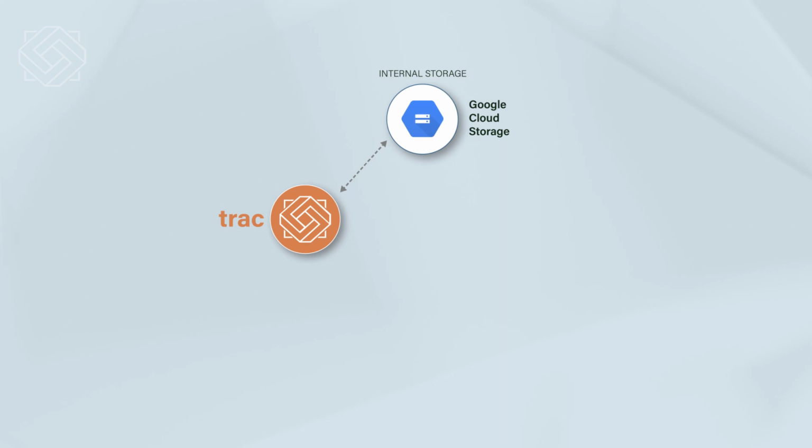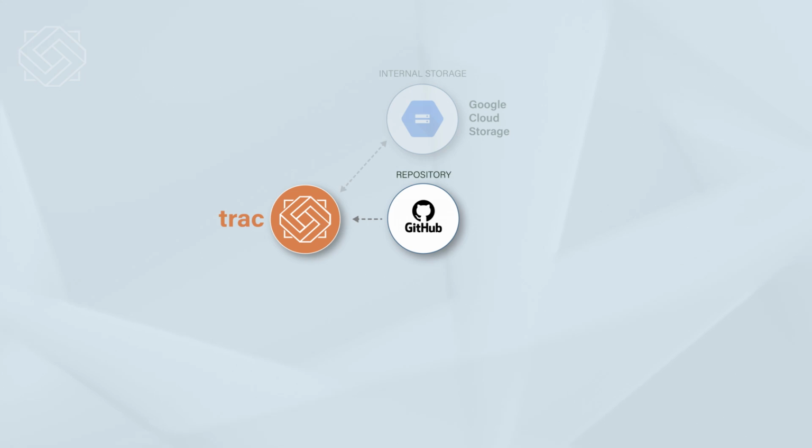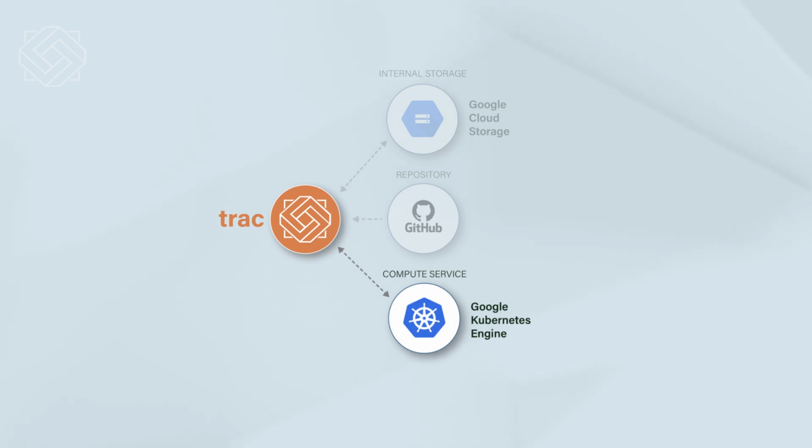All models executed on TRAC are stored in a repository, with the code being accessed only at runtime. Ideally, this would be a standard version control system, but custom repositories can also be accommodated. Finally, TRAC uses an external compute service, which would typically be the Google Kubernetes Engine.